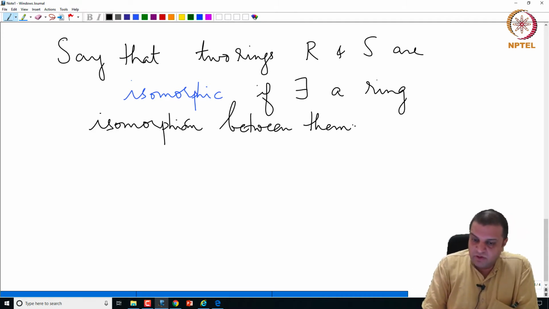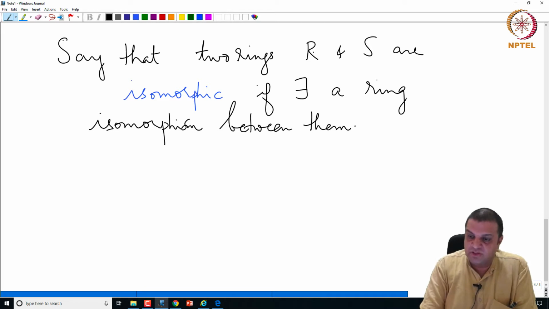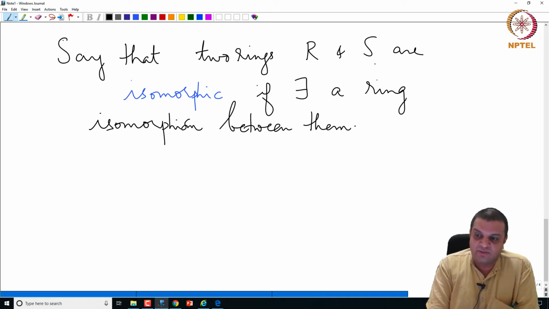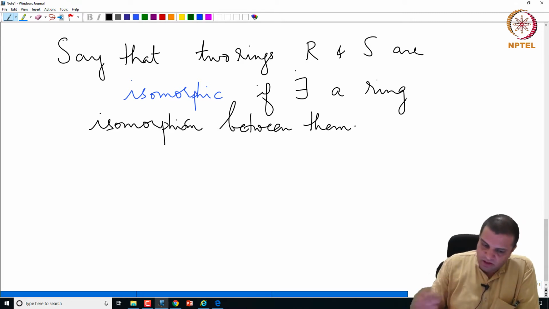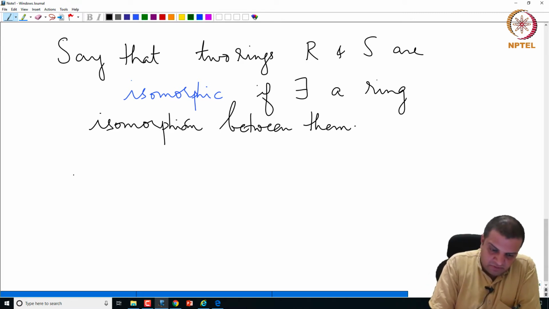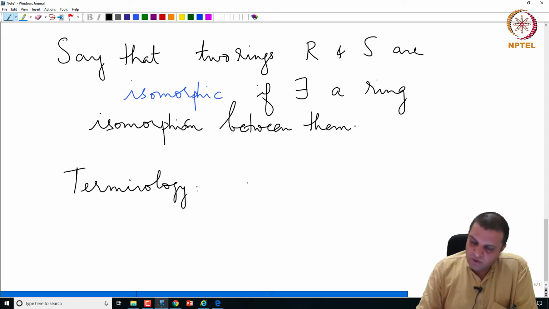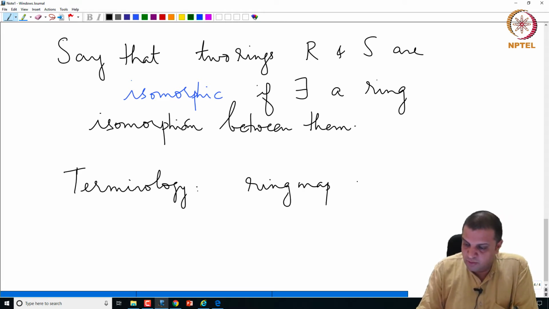One does not have to specify in which direction the isomorphism is, because if there is an isomorphism in one direction, the other map is also an isomorphism. So just one piece of terminology. We might often say ring map to mean a ring homomorphism.